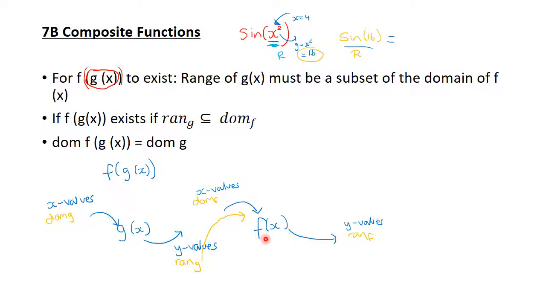So this is what we need to do if we want to prove that a composite function exists. We're looking to prove that this range of g is in fact a subset of the domain of f, that it can fit inside. If that's true, then the domain of f of g of x is equal to the domain of g.